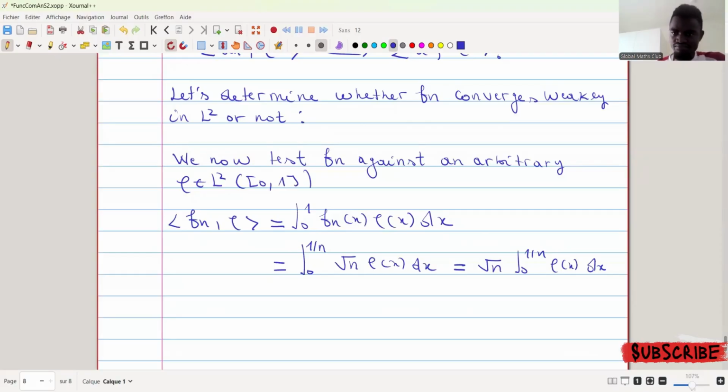If we take the modulus, or the absolute value, of this quantity, and we also apply the Cauchy-Schwarz inequality, this one is less than this.